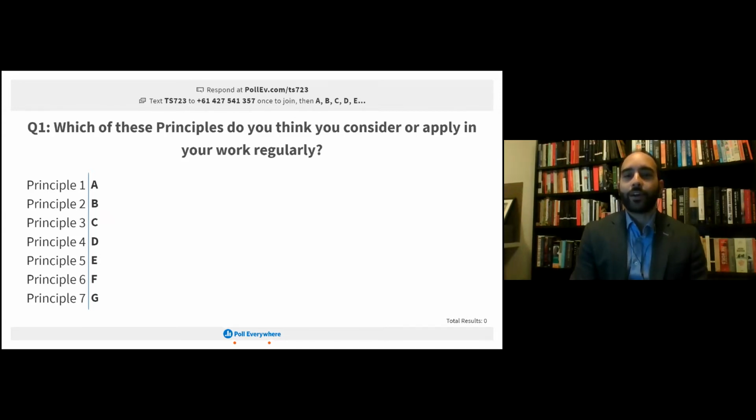If you'd be so kind as to go into a different window and just go to that website or that link, you'll be able to respond to that. So the question there is, which of these principles do you think you consider or apply in your work regularly? Once you're on that link, you should be able to respond to those. So if everyone could take a few seconds now just to do that, that'd be great.